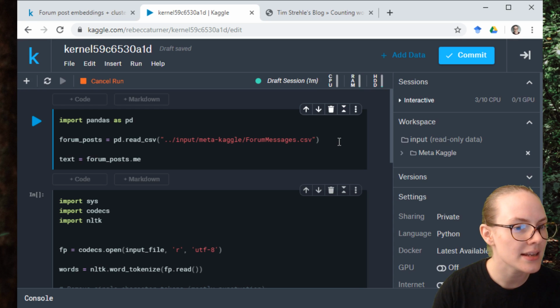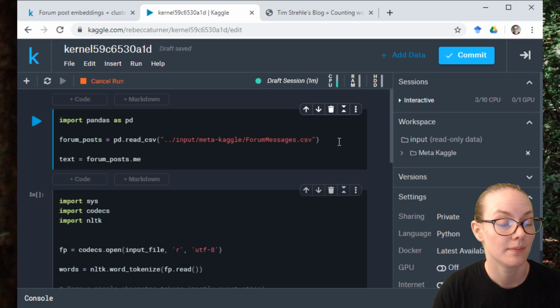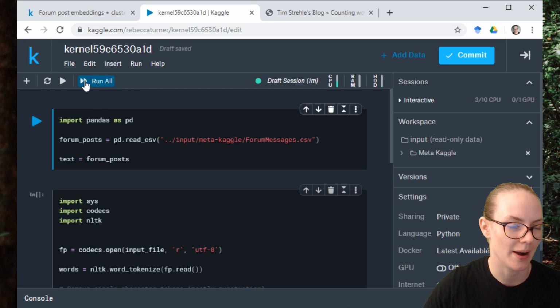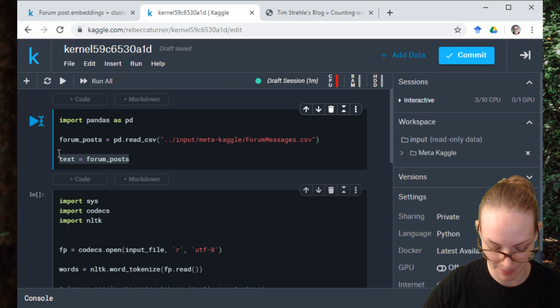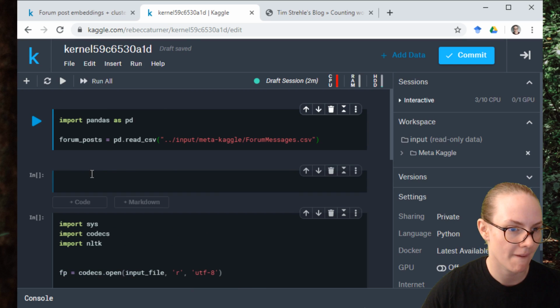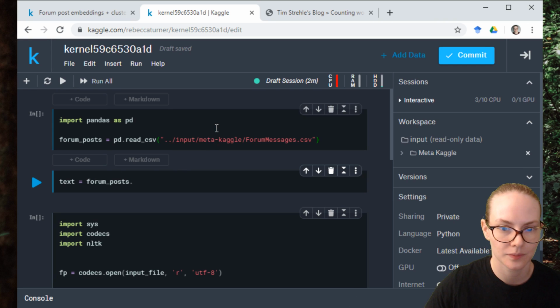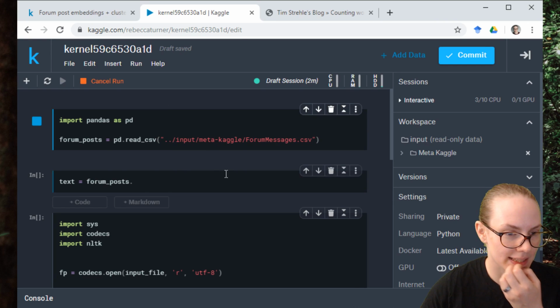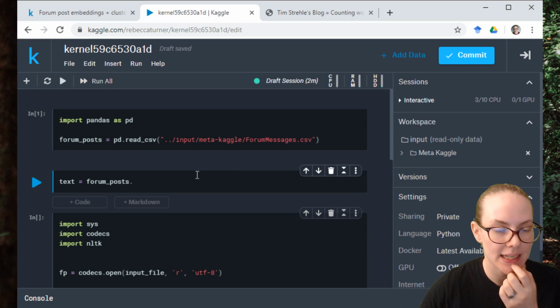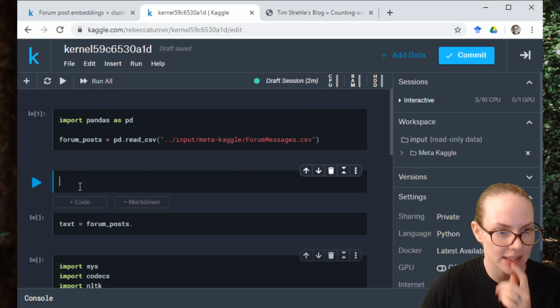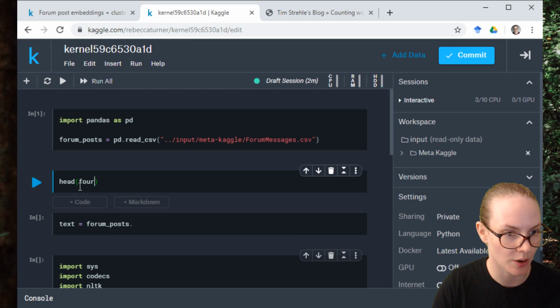It might be capital M. Oh, right. It's rereading it all in. We don't actually need that to happen. All right. Let's read this. That's going to take a second to run. Let's actually look at the head of forum posts, to make sure that we're getting the data set that we think we're getting.